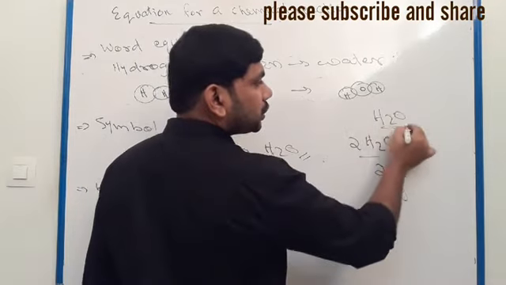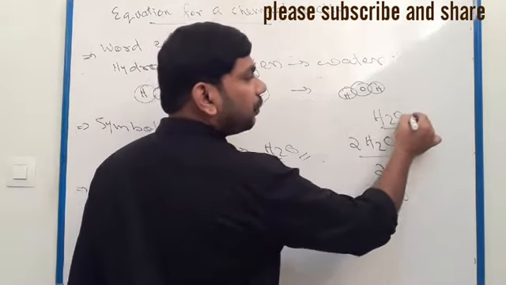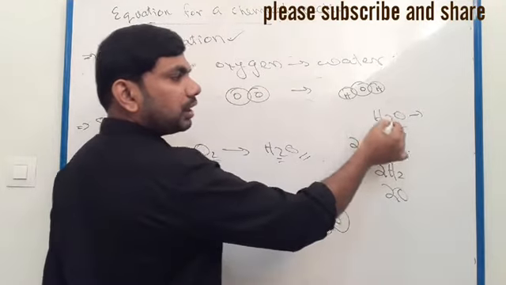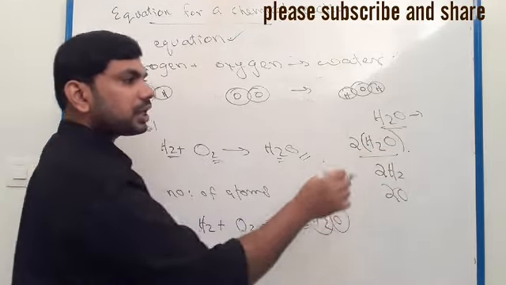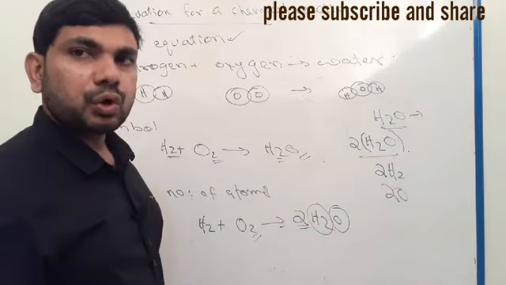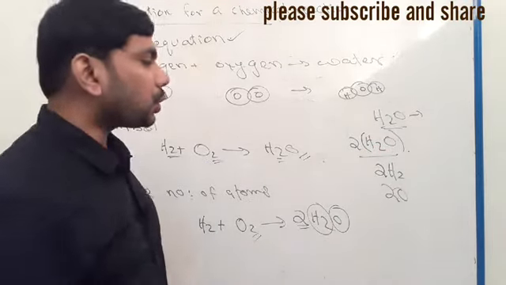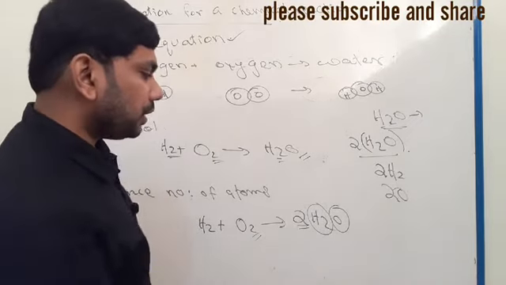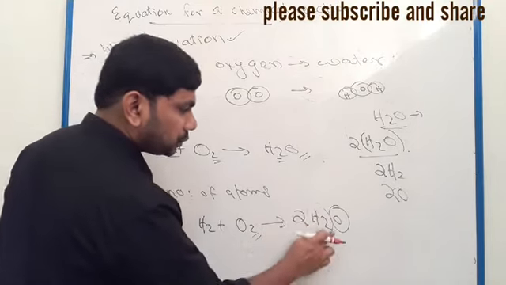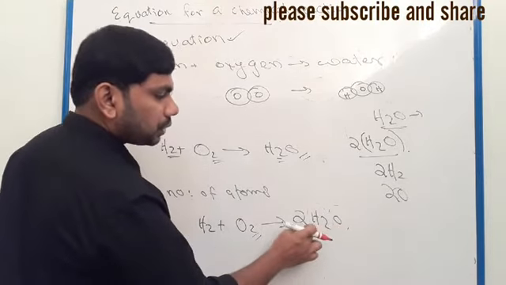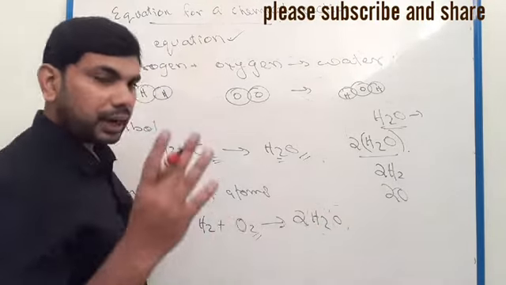H2O means this 2 is only for hydrogen, but the 2 in front is common for hydrogen and oxygen. So when you write 2H2O, 2H2 means 4 hydrogen.